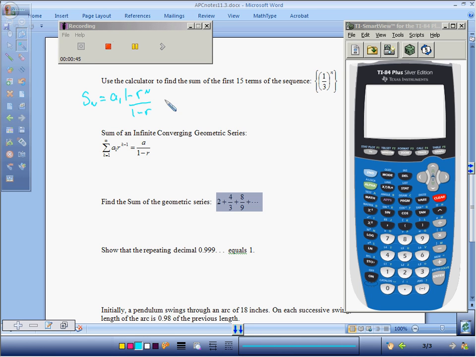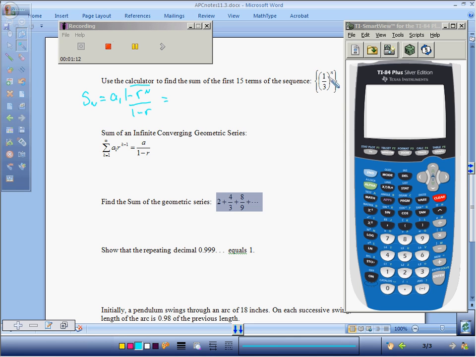But we're not going to use that. We're going to use a calculator, and this is the sequence we're going to use it for. But I could have used this over here as well.